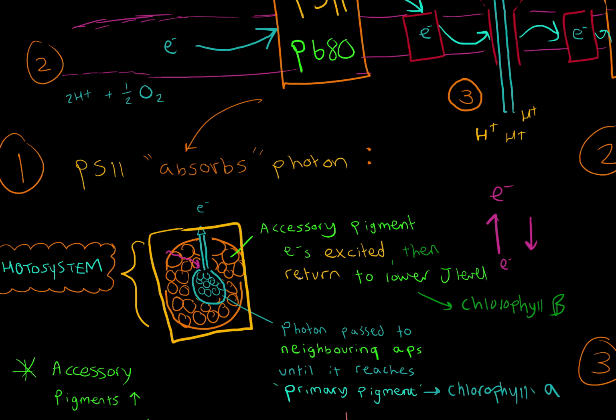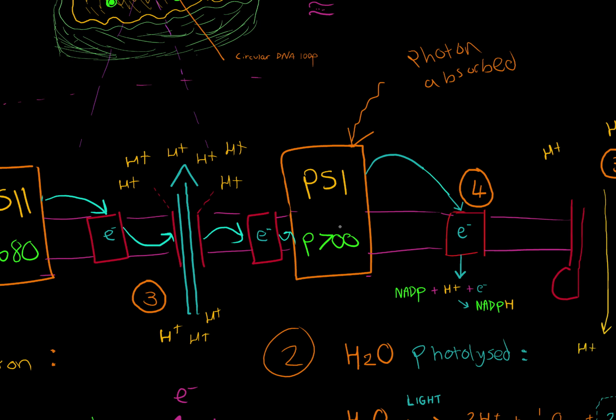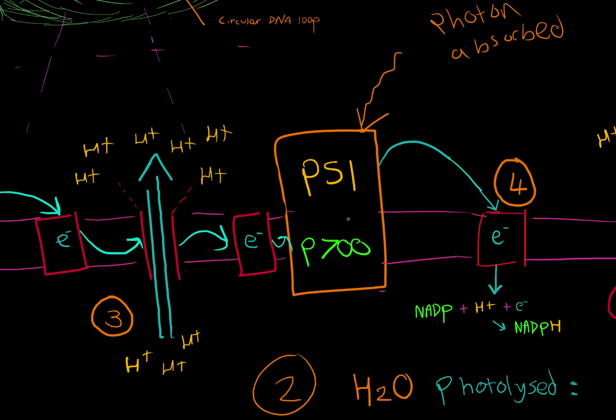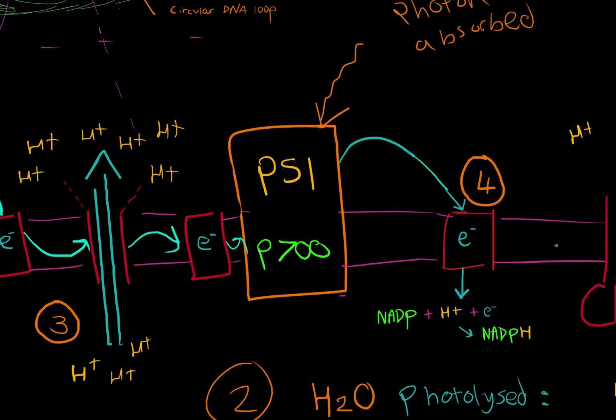But this time we release PS1 electron pairs out of this photosystem, and the PS1 electron pairs are very special, because when they get zipped along the electron transport chain, they release energy, and some of that energy is used to actively pump hydrogen ions across more of these guys. I just couldn't show them all on the diagram.